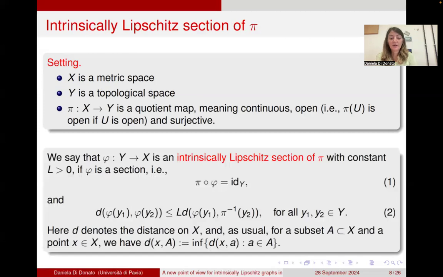We say that phi from Y to X is an intrinsically Lipschitz section of pi if phi is a section, meaning that equality 1 holds, that the composition of pi and phi is equal to the identity of Y, and the second inequality, inequality 2, holds.